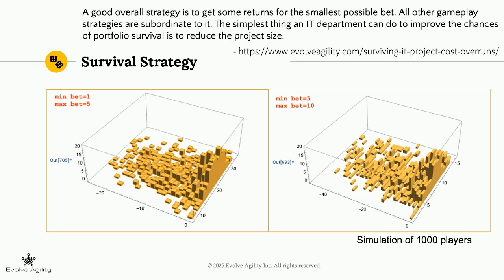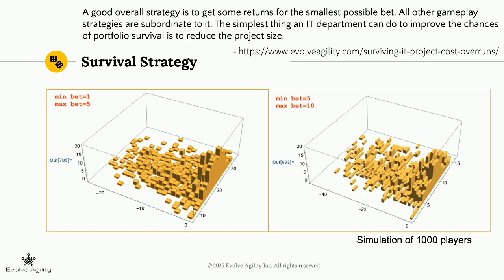If a 6 comes up, then the cost of that project is now 6 times the cost, which is 447%, or 5 times the cost. So if I start with $100 in my budget, and I have bets that range from 1 through 5, and I run it for 1 million IT executives as a simulation.